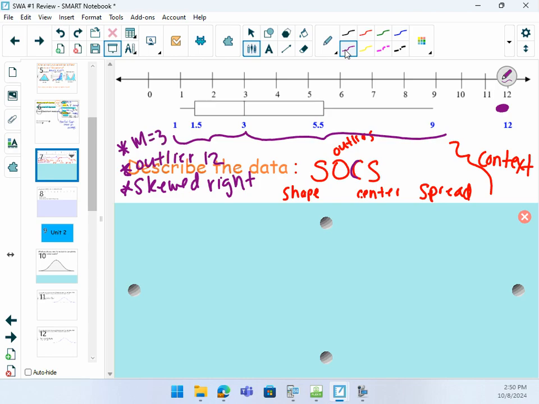And then in order to talk about spread, yes, you could find the range, but the only appropriate one is to do the IQR here in this case. And the IQR is Q3 minus Q1. So this minus that would give you 4. Okay? So if you were describing those, you would want to talk about shape, center, and spread, and outliers when you're describing something.